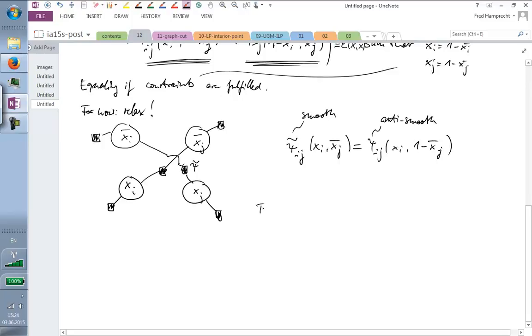So we have turned our mini supermodular binary MRF into a binary submodular MRF with twice as many nodes.